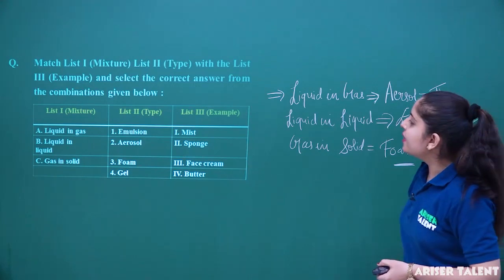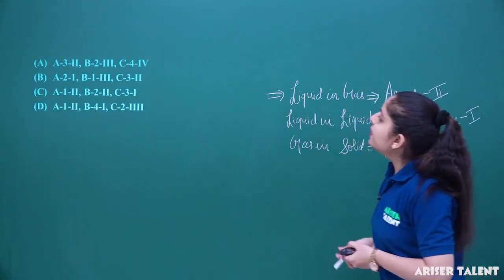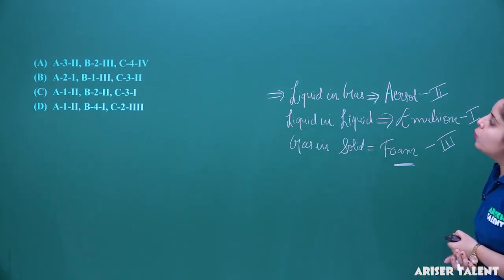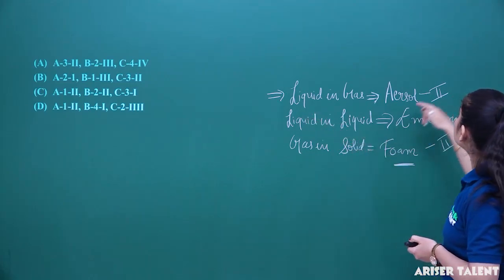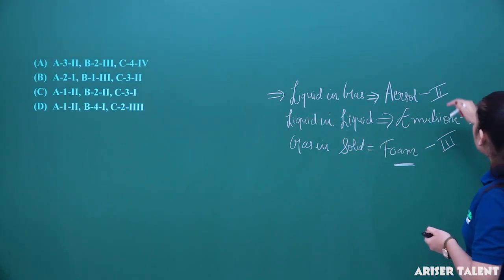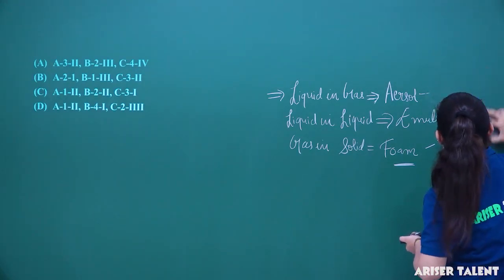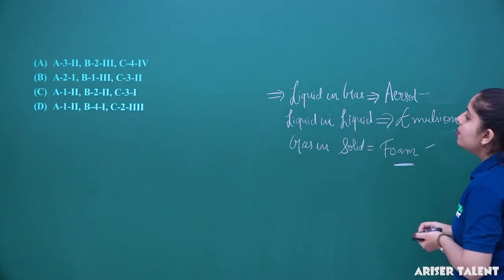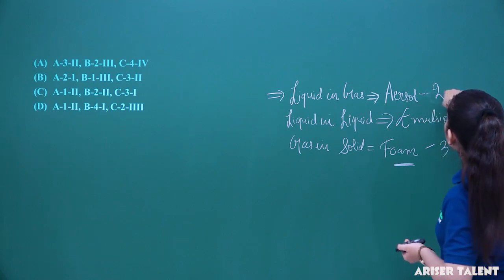Let us check the sequence here: A3 second, B2 third, C4 1. So I can write here 2, 1 and 3. This is the sequence of the types.